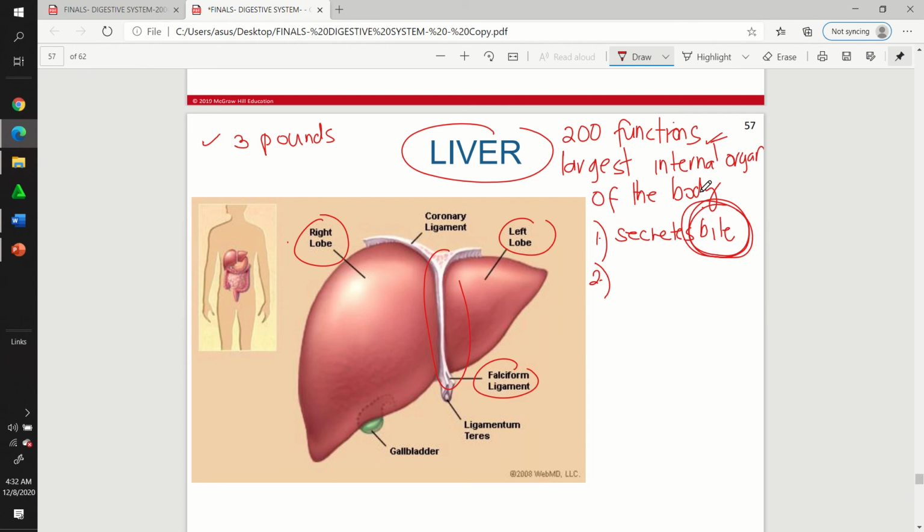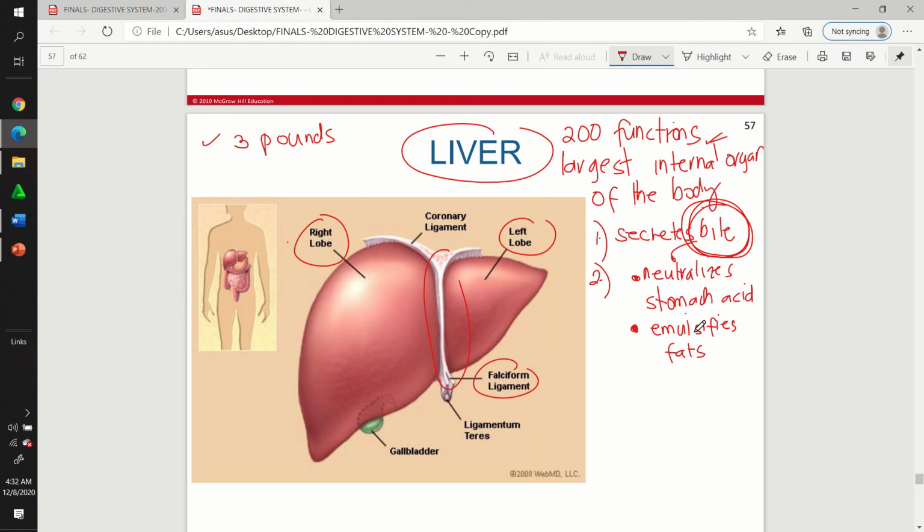Because bile neutralizes your stomach acid. And another importance of your bile: it is not only neutralizing stomach acid, but it also does fat emulsification. It breaks down food, emulsifies your fats.